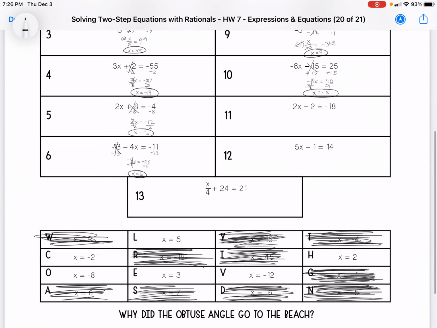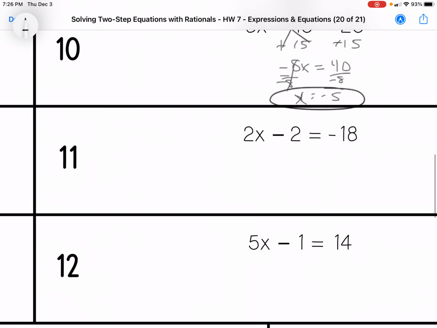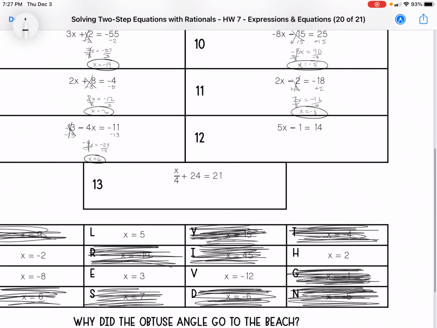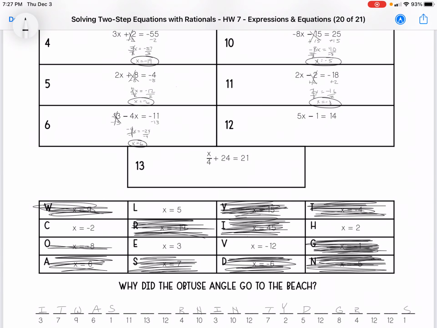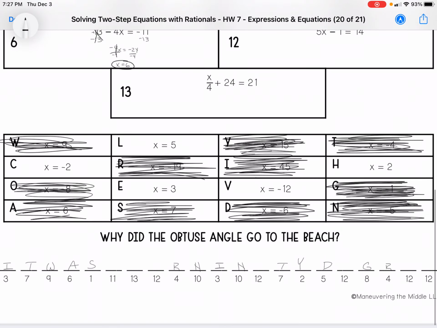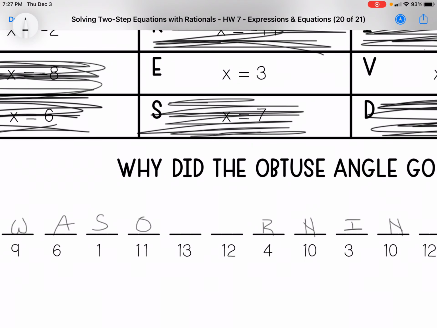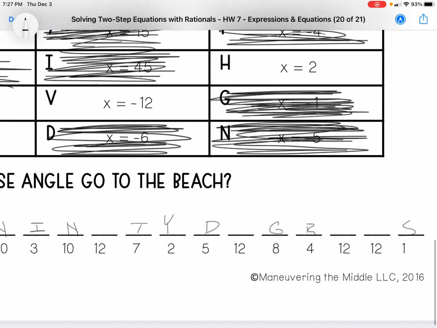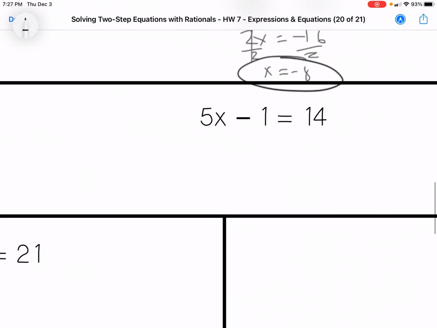Number 11, we're going to add 2. 2x equals negative 16. Divide by 2. X equals negative 8. So 11 is negative 8, which is O. Oh, my bad, 11 is O. Okay, 12. Add 1.